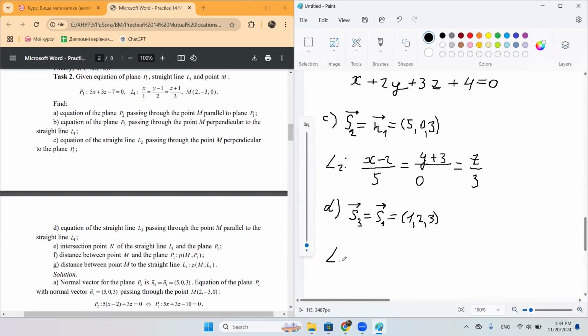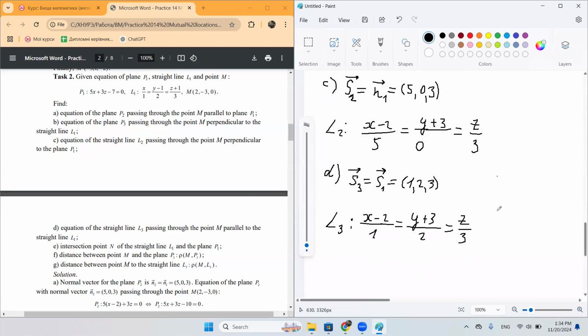And now let's write it. So x minus 2 by 1 equals y plus 3 by 2 equals z by 3. And that's it for these equations.